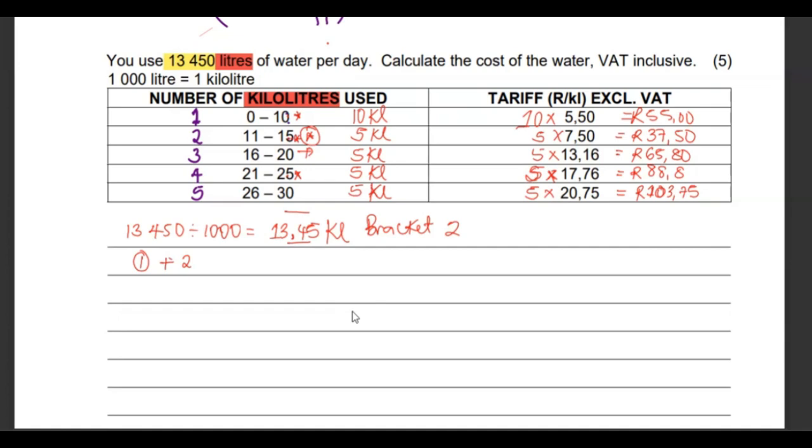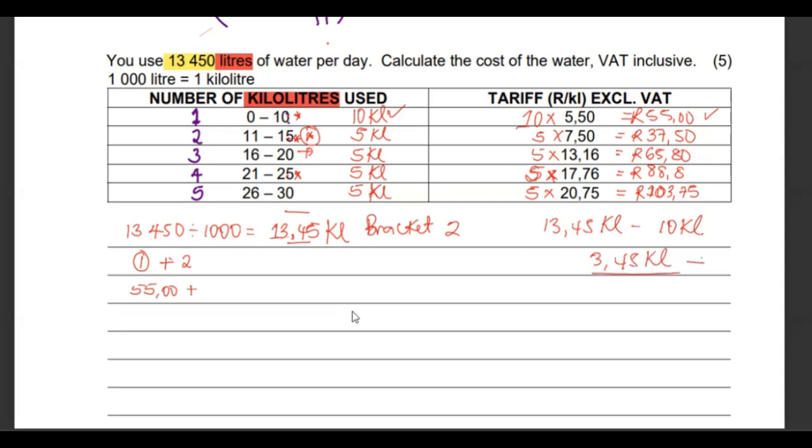But then, if he uses bracket 1 fully, that means he is going to pay 55 rands plus. So, bracket number 1 took the 10 out of the 13,45. So, the 13,45 kiloliters minus the 10 kiloliters that belong to bracket number 1, we remain with 3,45 kiloliters.